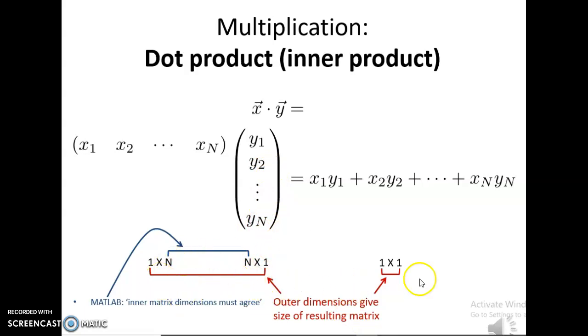So 1 by n times n by 1 gives 1 by 1. This is the size of the resulting matrix.